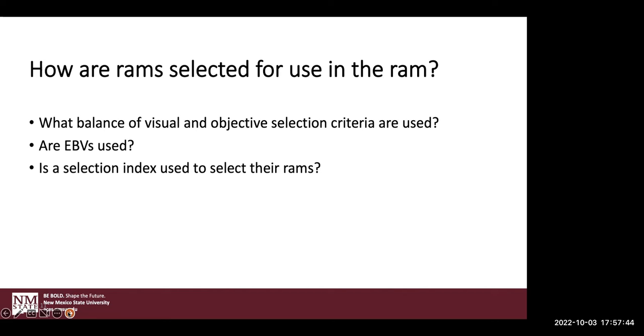These values are called EBVs, and we'll talk about that in a minute. They also now have selection indexes, which is a single number that represents multiple traits that you can look for depending on your production goals. So the sheep industry, for whatever reason, is a little behind in this regard, but the tool is there, it's being developed, and hopefully you'll learn a little more about that tonight. Next slide.